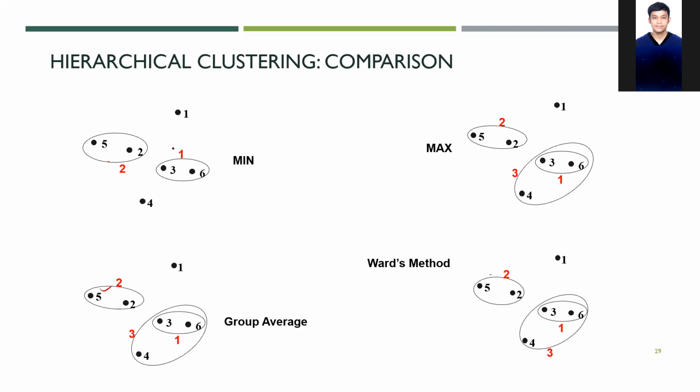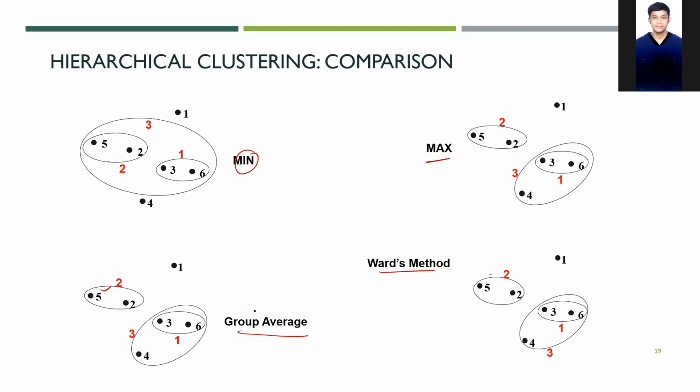For minimum, if we use minimum for the proximity at the third step, 5, 2, 3, 6 belong to one cluster. But for maximum, Ward, and group average, at the third step, 3, 6, and 4 become one cluster.